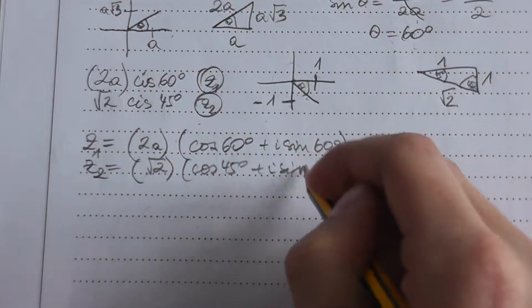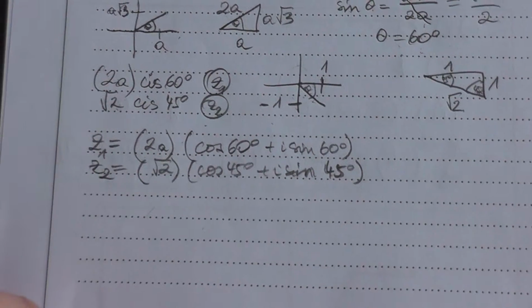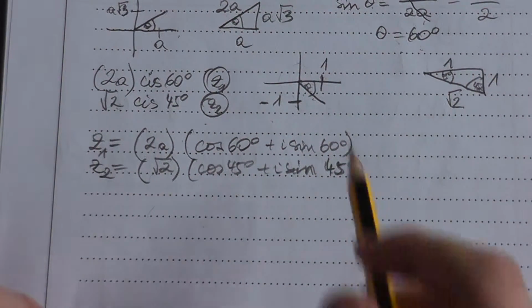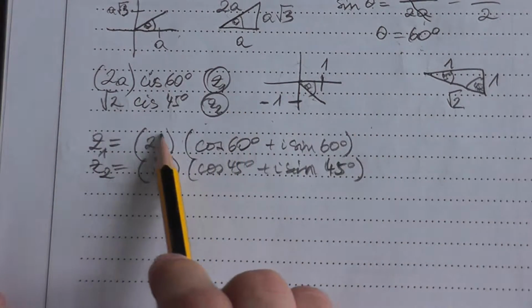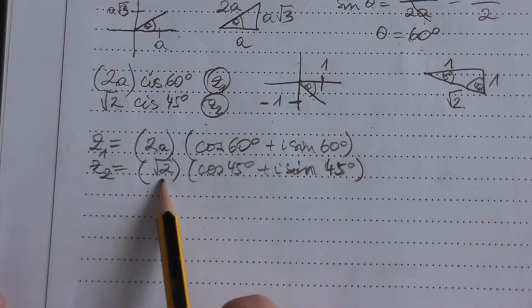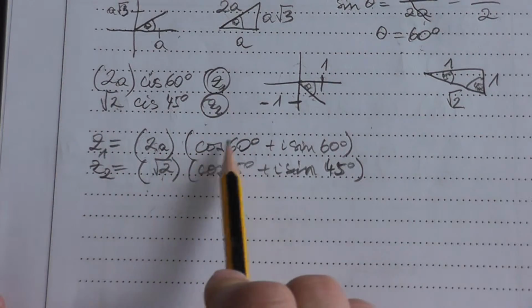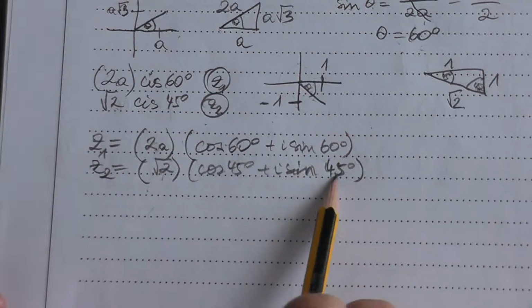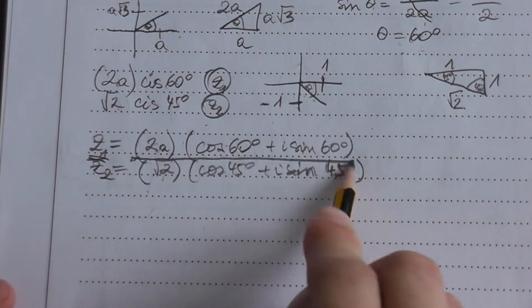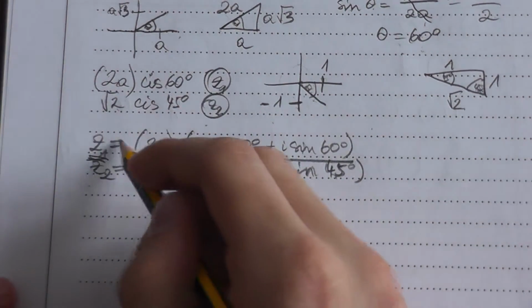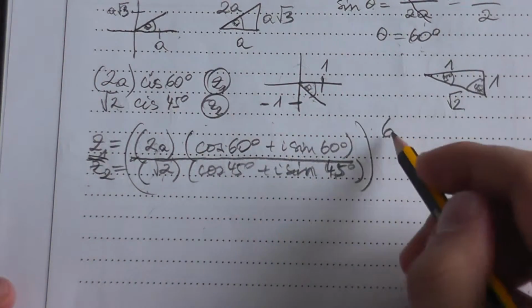Sorry for the handwriting. And now De Moivre's theorem says that to raise something to the power of 6, you just raise the modulus to the power of 6, and then you multiply the angles by 6. And so this is actually convenient because what we have to find is z1 over z2, so this is actually what we have to raise to the power of 6.